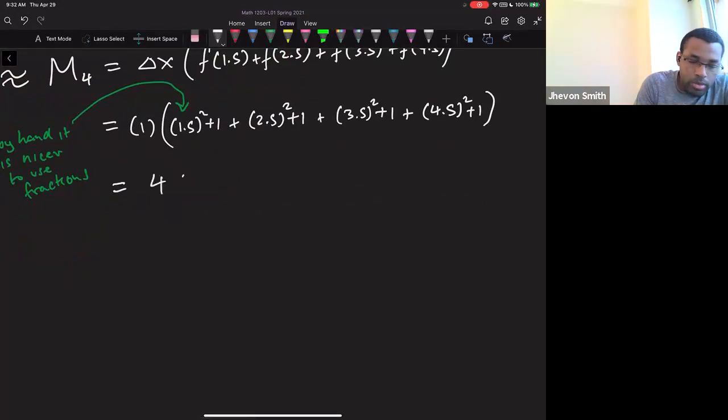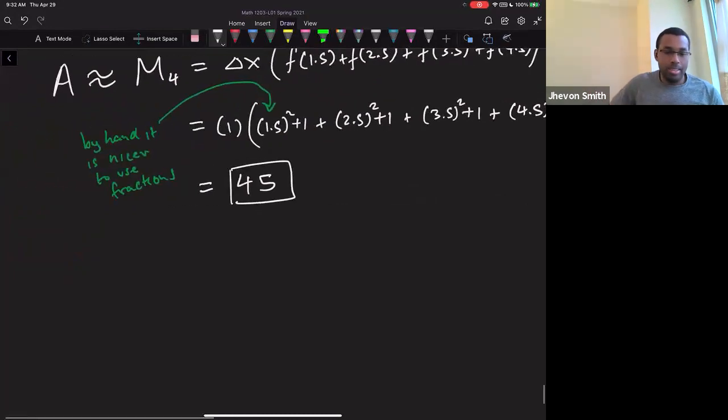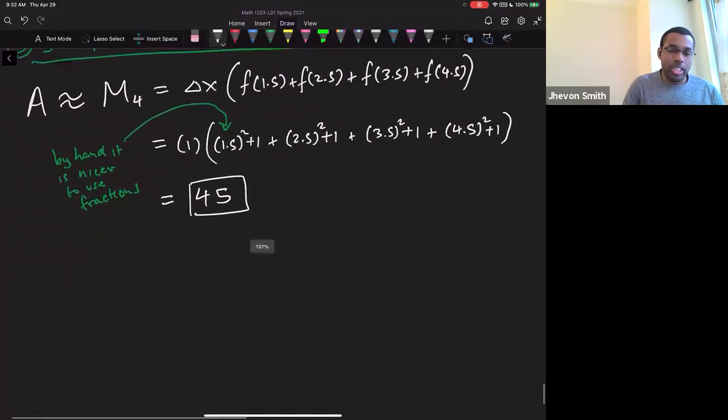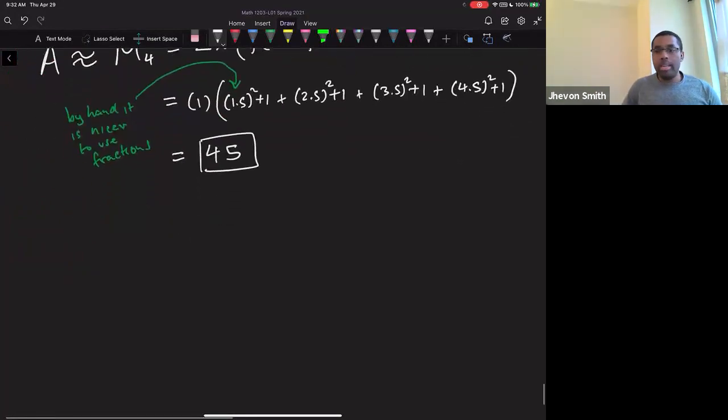Turns out this would be 45. I'm doing like that whole cooking show thing where it's like, oh, you just mix all this stuff and put it in the oven. Ding, this is what it comes out as. To hide the magic. Okay, yeah, that's 45.